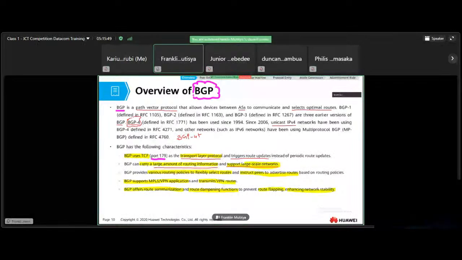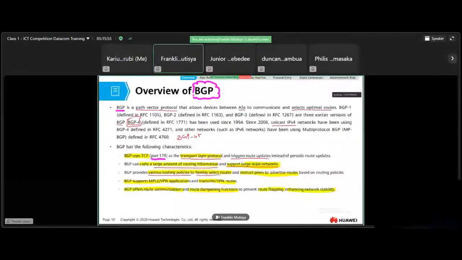Another thing about BGP is that it provides various routing policies to flexibly select routes and also instruct BGP peers to advertise routes based on certain routing policies. Another beautiful feature is that BGP is also used to support VPN communication or VPN routes.